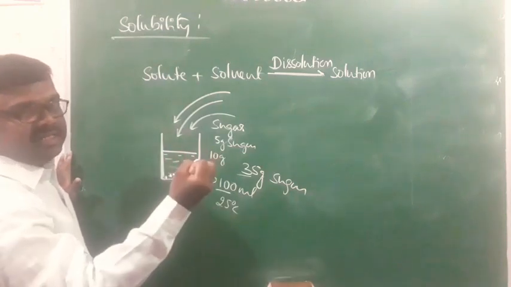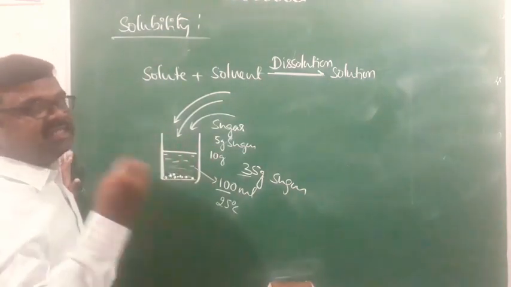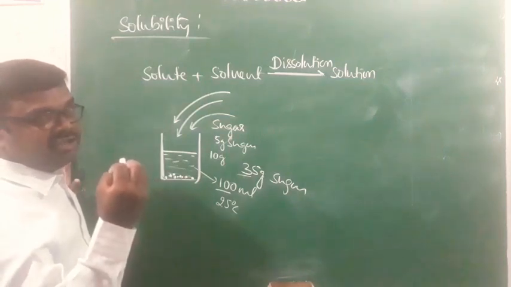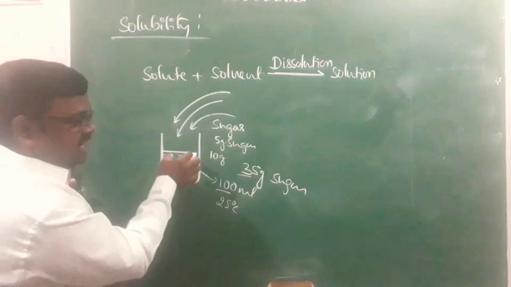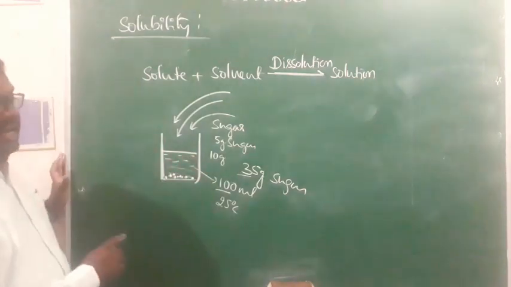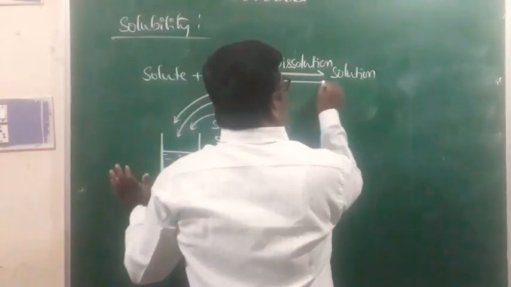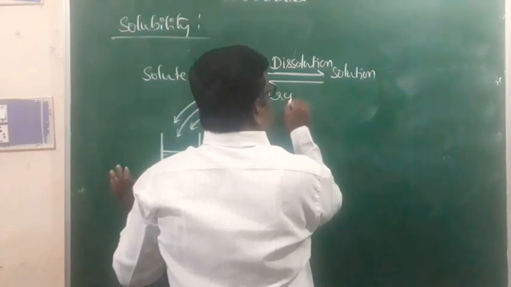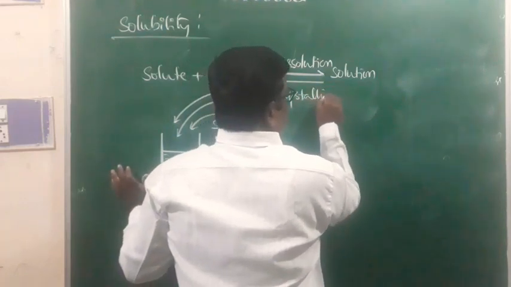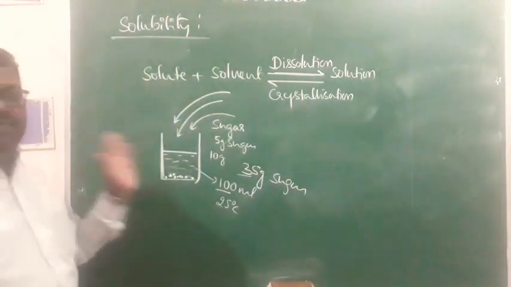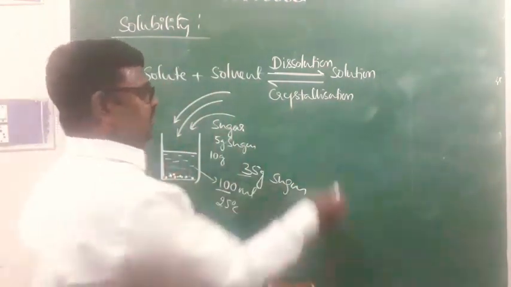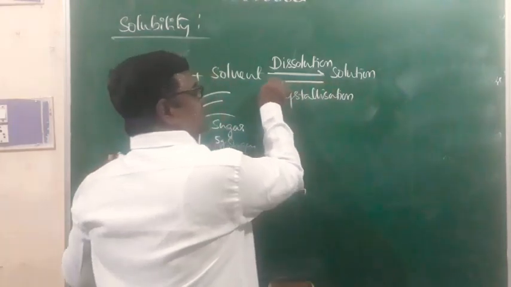Once collision of the sugar particles starts, particle size grows, and once the particle size grows, settling of sugar particles starts. The process is reversed, and that process is called crystallization. Crystallization refers to the precipitation of sugar particles after the saturation point, the backward process.